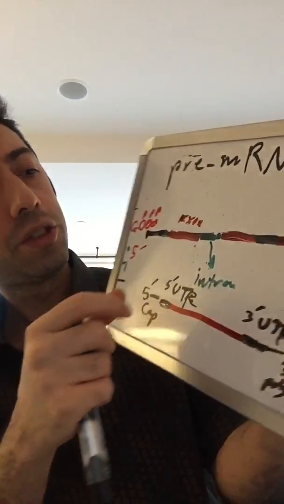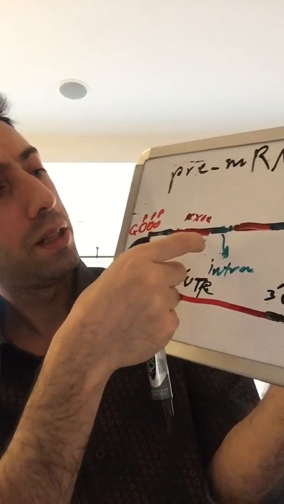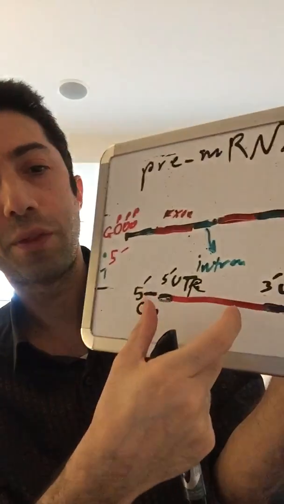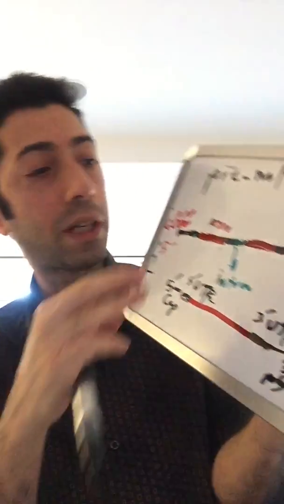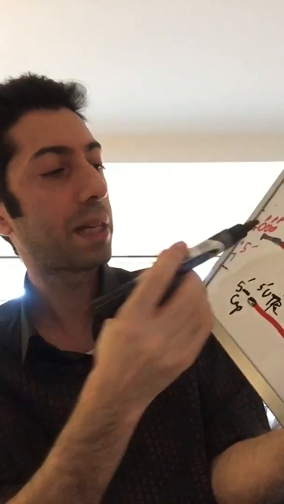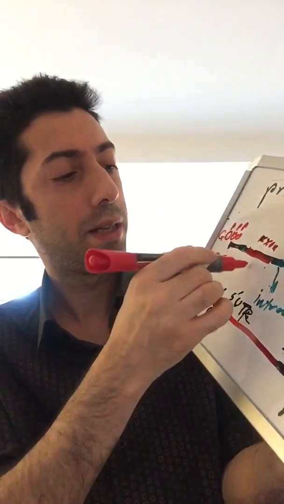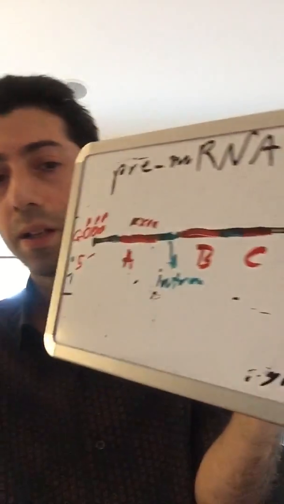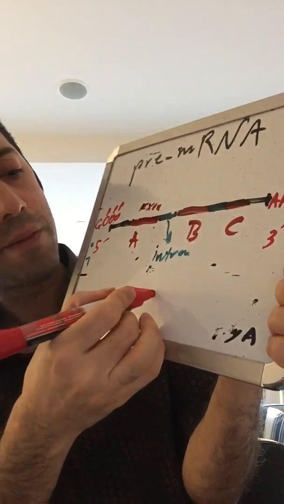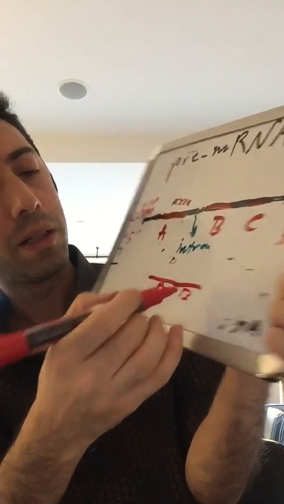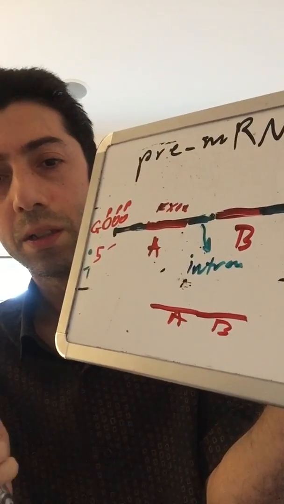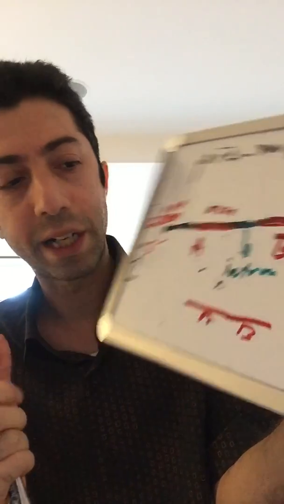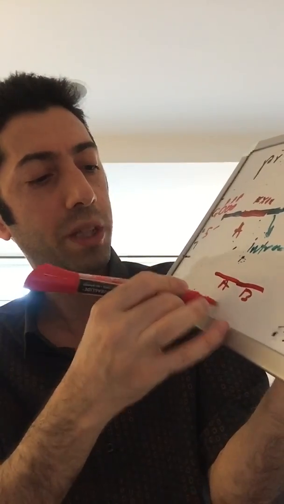If I choose exon 1 and 2 to be in the final mature mRNA, it's going to make a specific protein. If I choose all 3 of them, for example, if I have A, B, C, what if I just have A and B in the final mRNA, or I have 3 of them together?